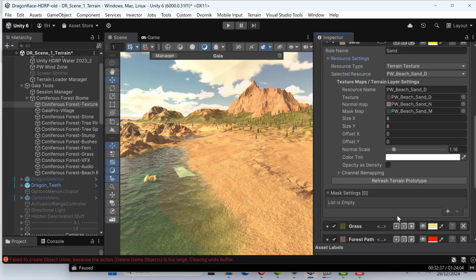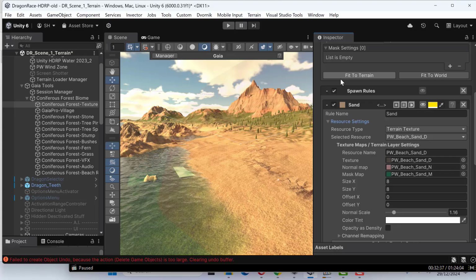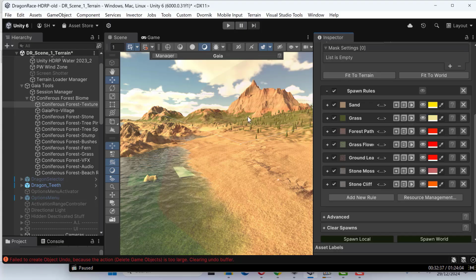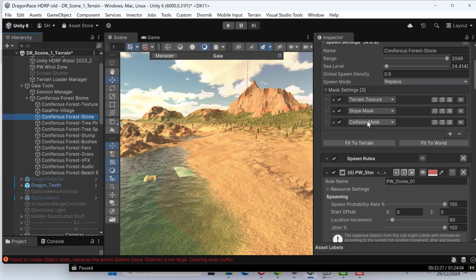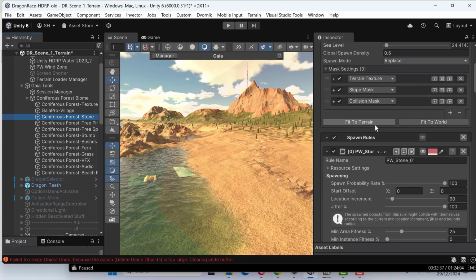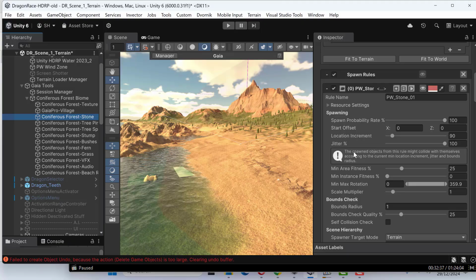Terrain texture is a total difference, so it's got to be an item. That's good for this stone. The problem with this is you've got to work out what it's actually saying. They talk as if they're speaking to developers who've got a clue of the wording, the language, and I haven't.